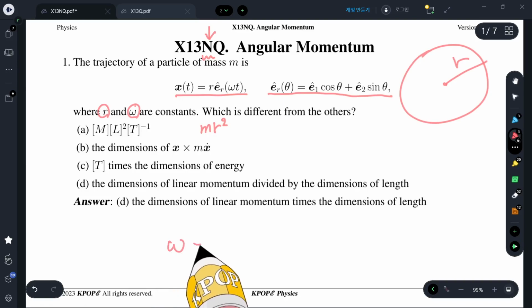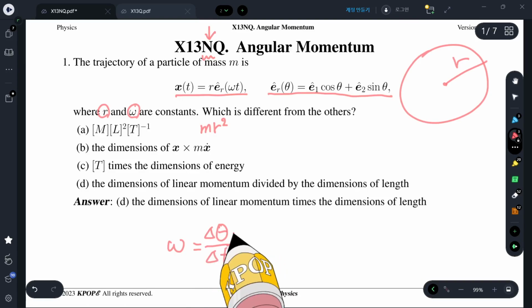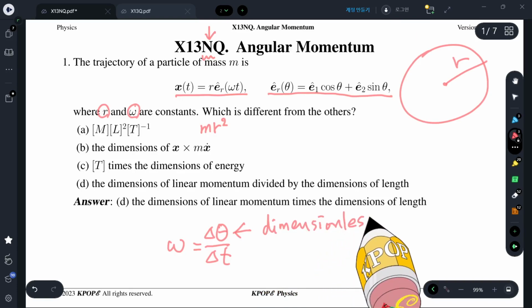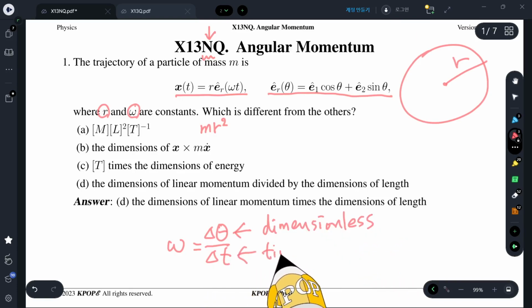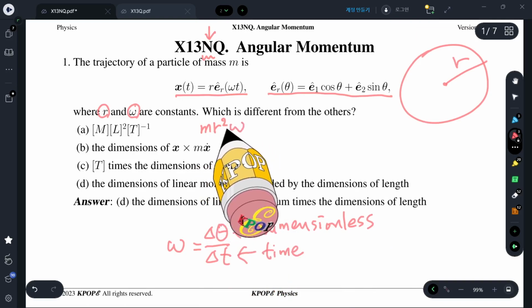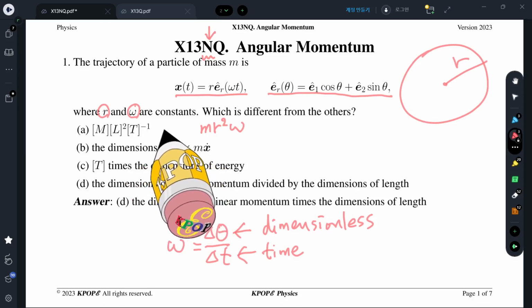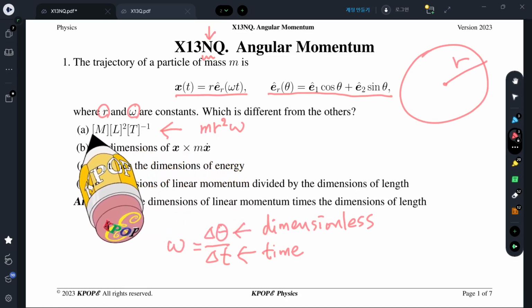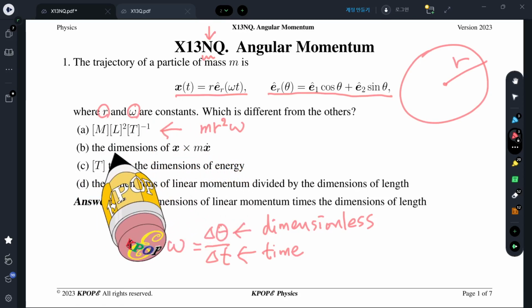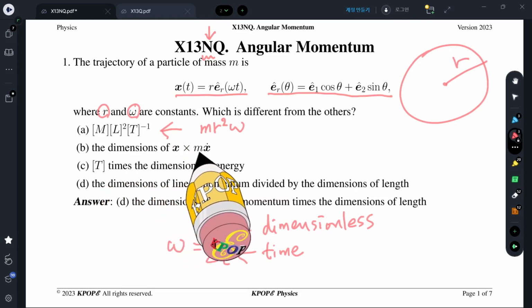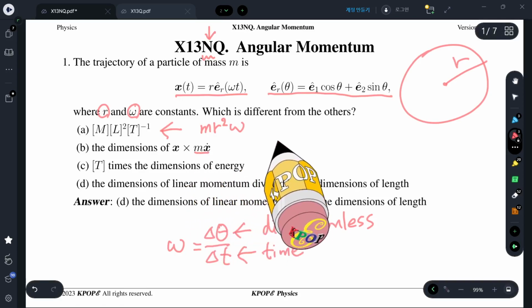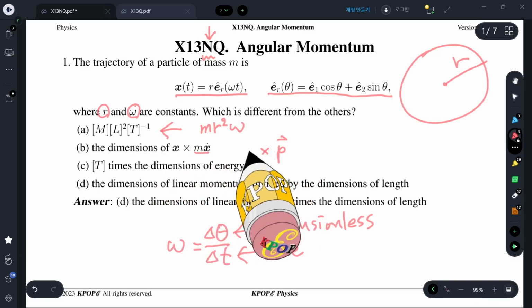You remember omega is angle divided by time, and this one is dimensionless, and this is time. m r squared omega seems to be the one having the same dimension. Dimensions of mass velocity, linear momentum, and x.